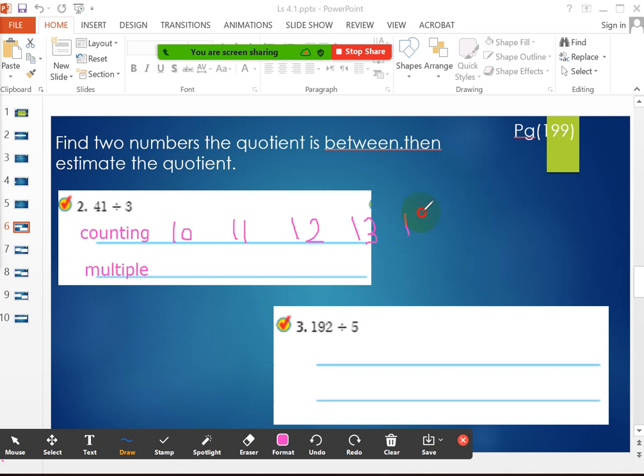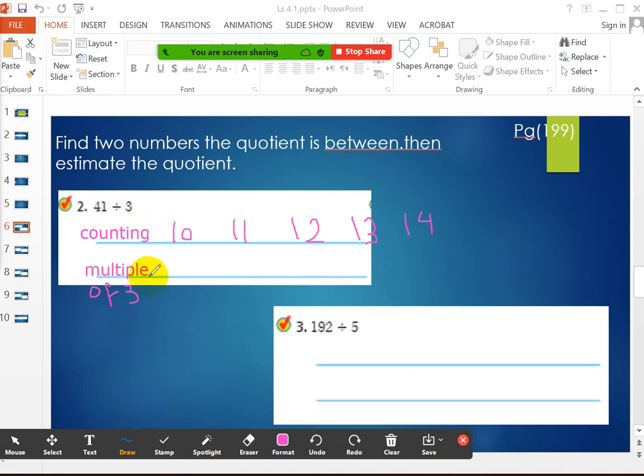Girls, you can write this solution on paper if you don't have space. Multiples of what? Of 3 here. The multiples of 3, of the number that I want to divide by.